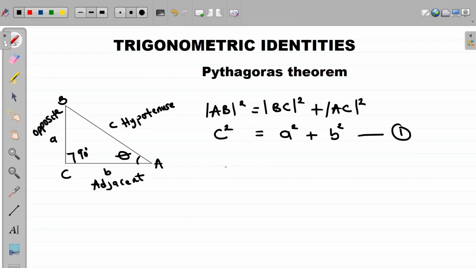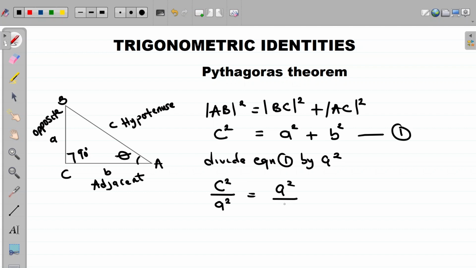Now, again for my equation 1, let's divide equation 1 by A squared. We will obtain that C squared divided by A squared equal to A squared divided by A squared plus B squared divided by A squared.